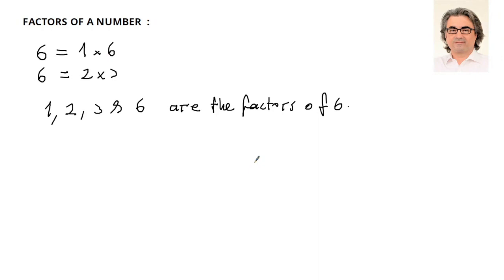Let's continue with another number. 24 is equal to 1 times 24. And let's continue with another one. Can you find other two numbers whose multiplication is 24?